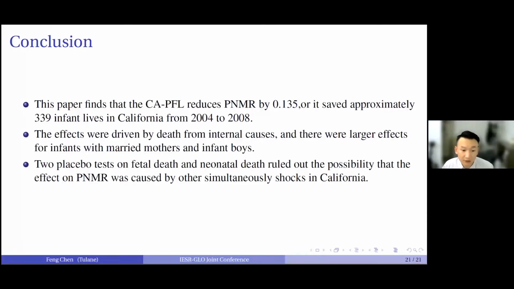And the placebo tests on fetal deaths and neonatal deaths ruled out the possibility that the effect on postneonatal mortality was caused by other simultaneous shocks in California, which makes me believe that the effect is correct. Okay, this concludes my presentation. Any comments and questions? Thank you.